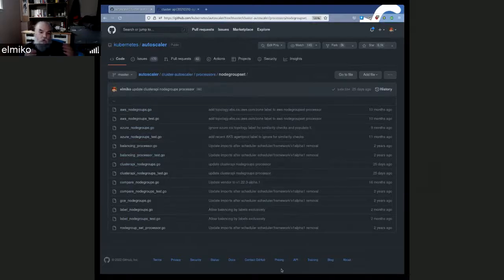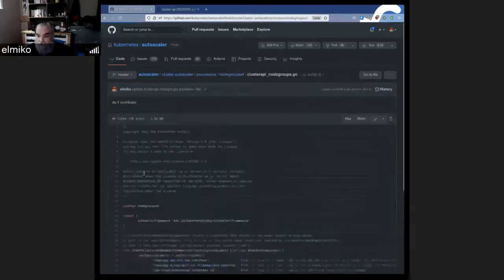In the case of zone labels, oftentimes when you're attempting to balance the nodes between them, you don't actually care about the zone labels. But the autoscaler will consider two nodes different if their labels don't match. So if you have one node deployed in zone A and another node deployed in zone B, the autoscaler considers those to be disparate node groups, unless you get them to ignore certain labels. And that's where these processors come in.